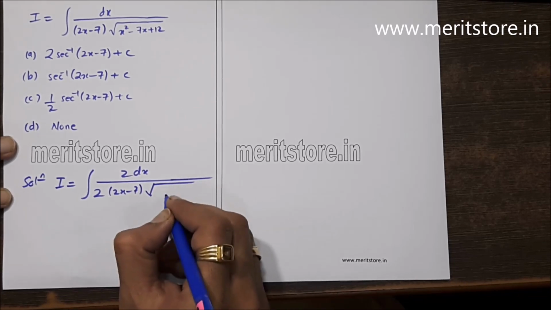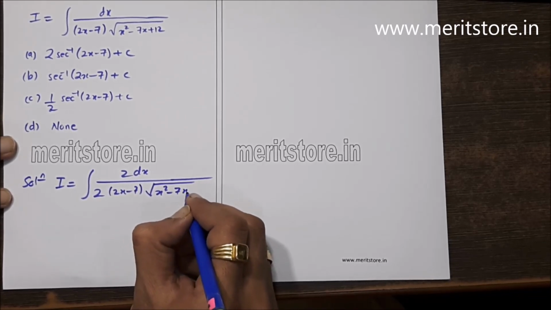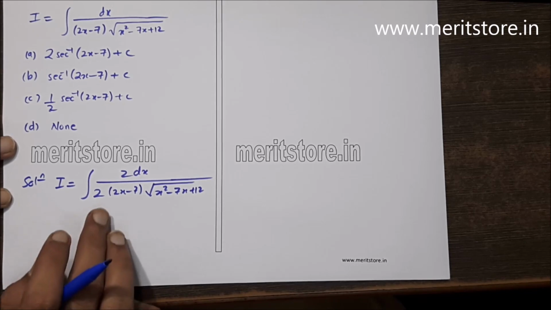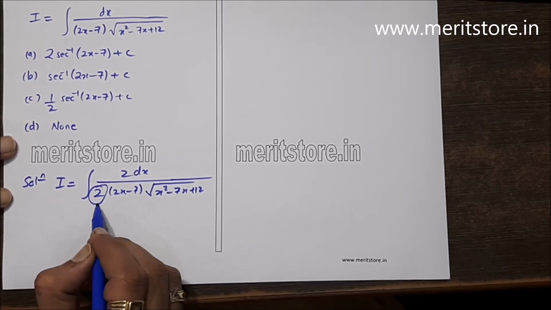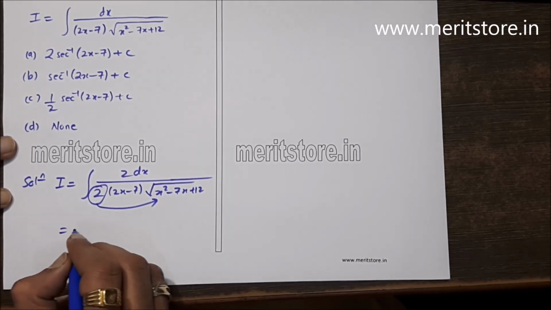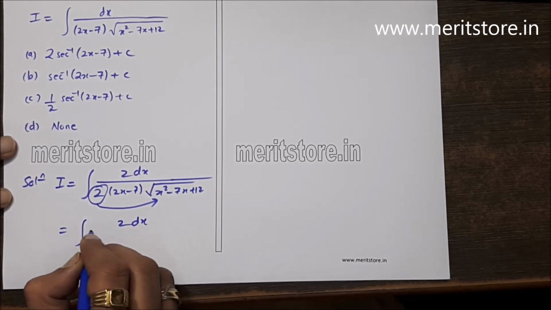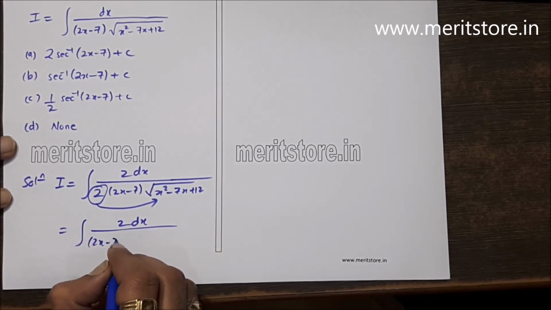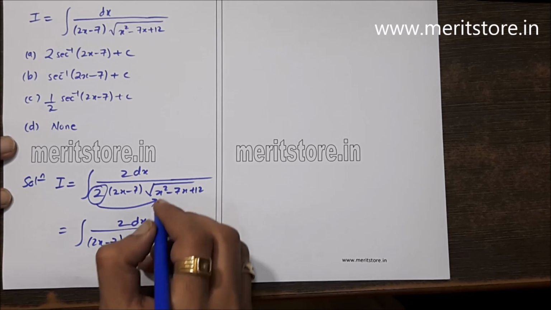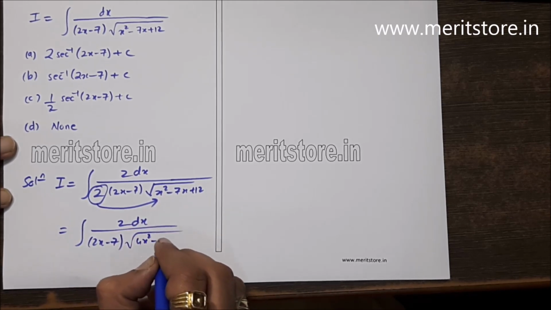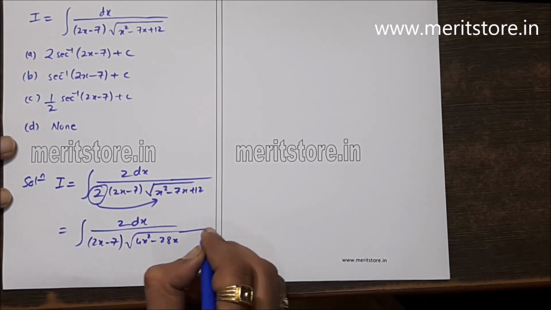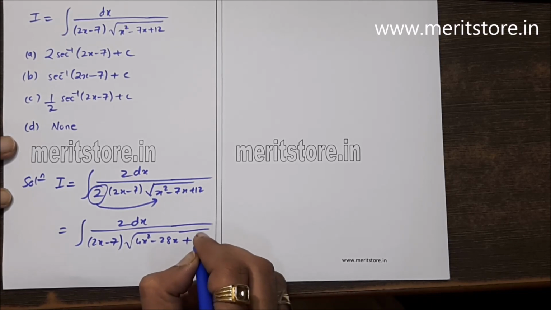Root of x square minus 7x plus 12, this 2 I'm taking inside the root. 2 dx into 2x minus 7 into the root of 4x square minus 28x plus 48.